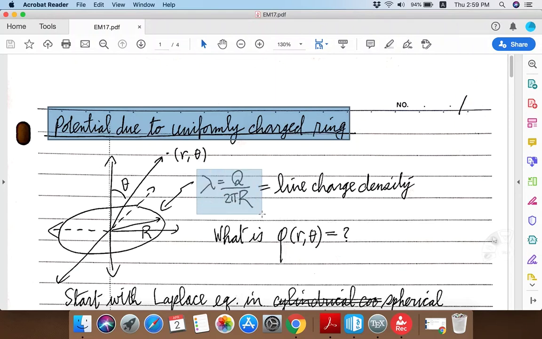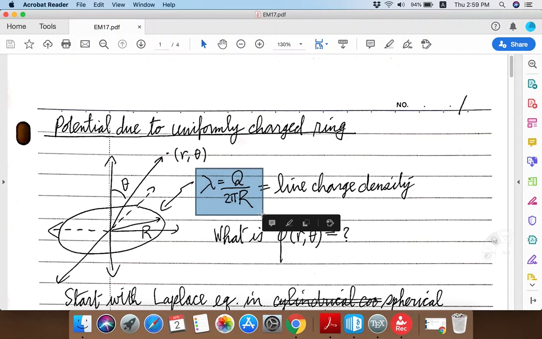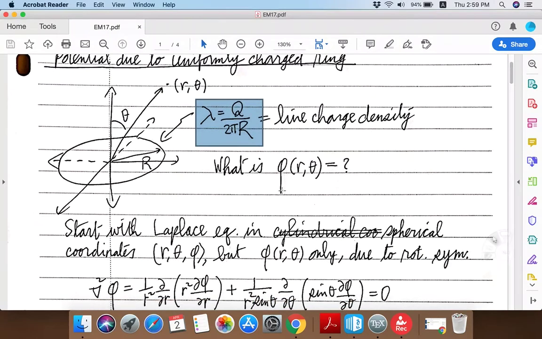So the total charge divided by the whole circumference of the circle is the line charge density of this ring. And the question we want to solve, to find an exact answer to, is what is the potential generated by this ring?